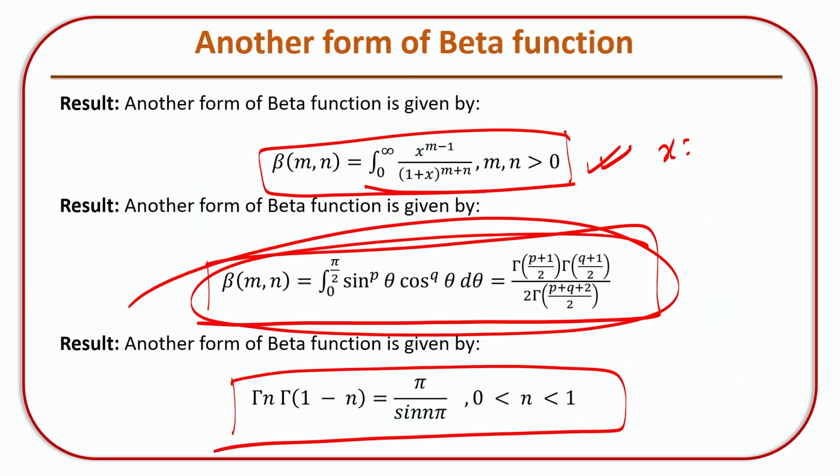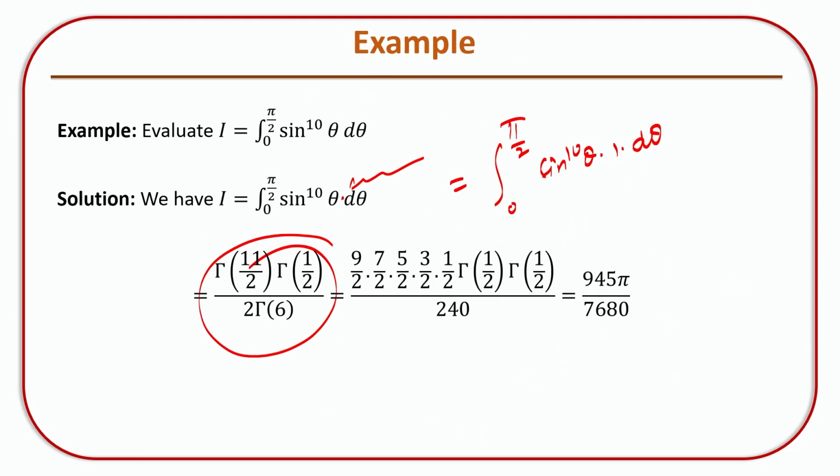So see here, sine p theta cos q theta. Now you can put this one: integral from 0 to pi by 2 of sine to the power 10 theta into cos to the power 0 theta d theta, right? So p equal to 10 and q equal to 0. That is how you can evaluate.